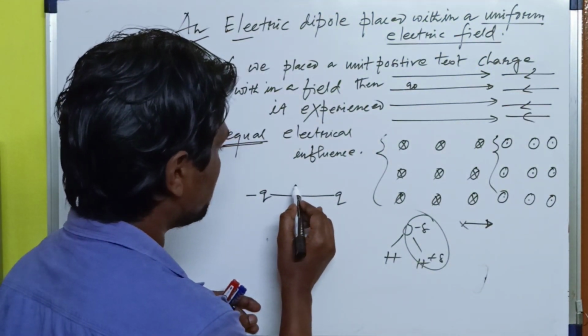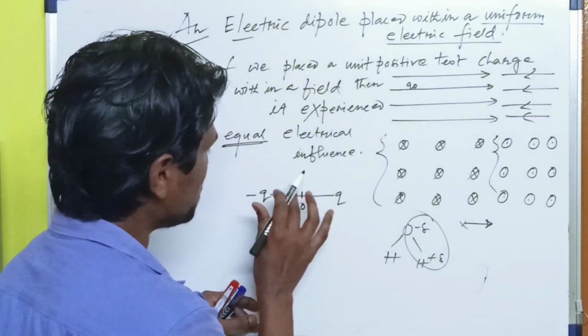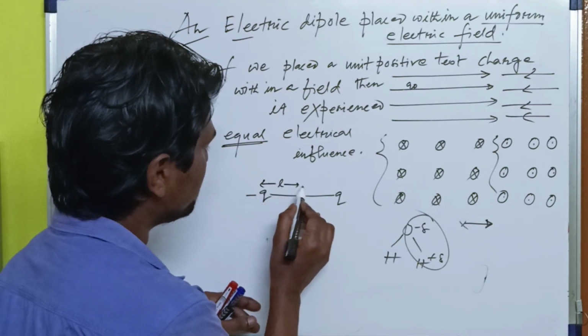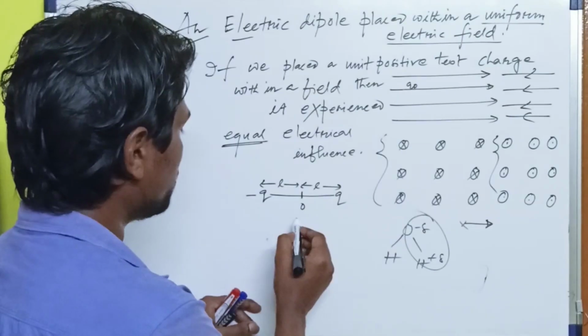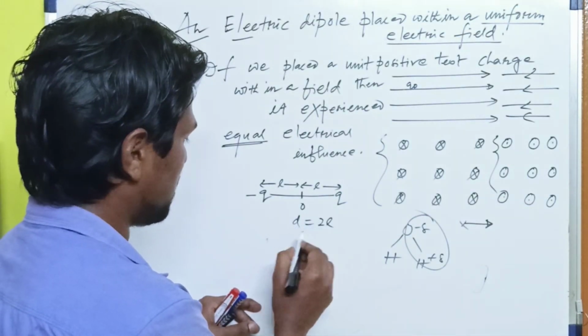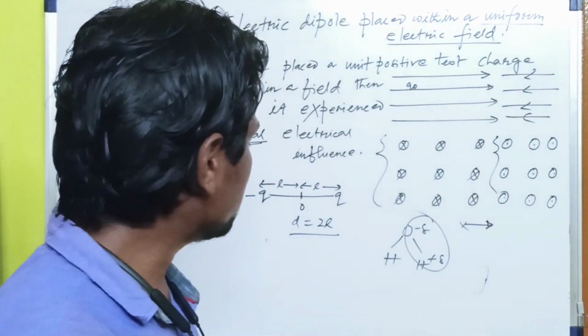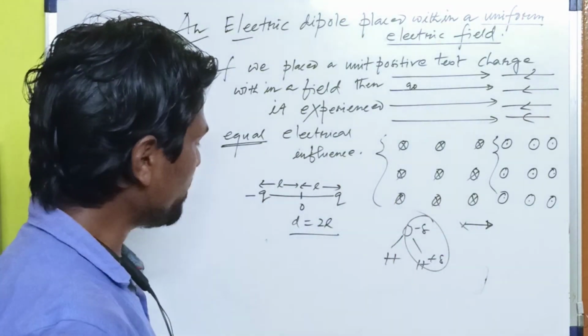If we take the distance from the center as L, and it is also L on the other side, the total distance of separation is 2L. For easy calculation, you can take the total as d, then this one is d by 2 and this one is also d by 2.